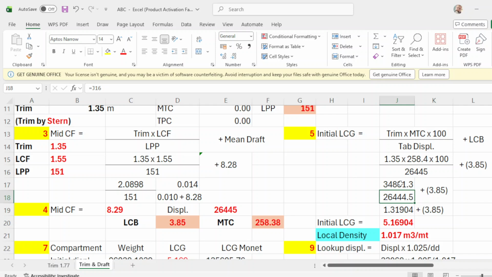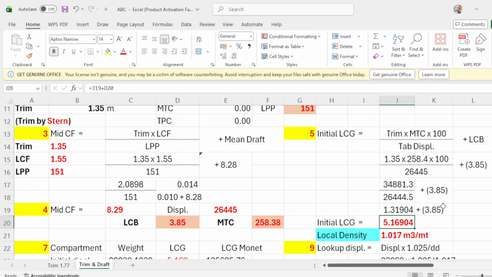Divide these two, equals this one, divide this one, equals.